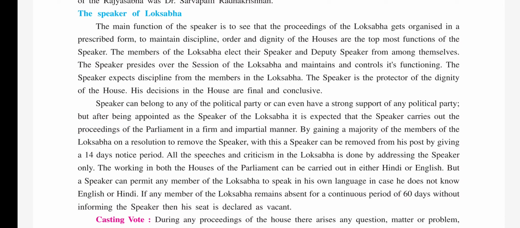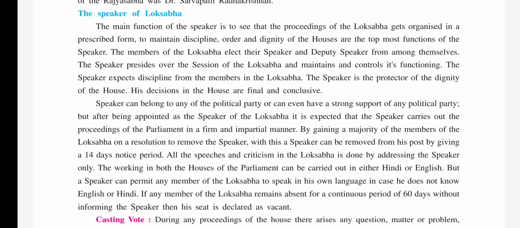During any proceeding of the House, when a question, matter or discussion on any bill arises and a decision is to be taken, especially when the number of votes in favor or against the matter are equal, then the speaker can give his deciding vote, which is known as casting vote.